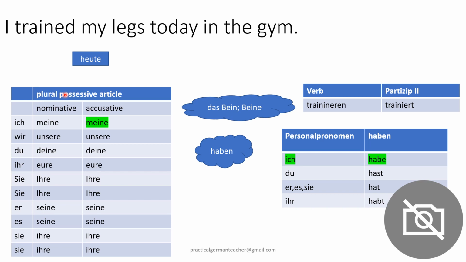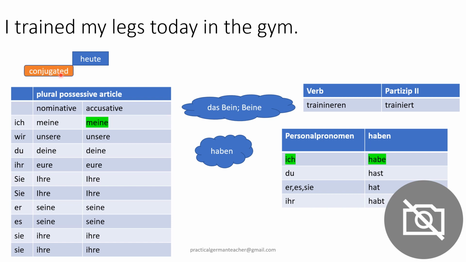So this article is only for plural possessive article. If you notice this column and this column, there is no difference, but I just wanted to tell you that the columns contain the same value, but we are using this one and not this one because it's accusative. It might sound funny, but I hope you get the idea.